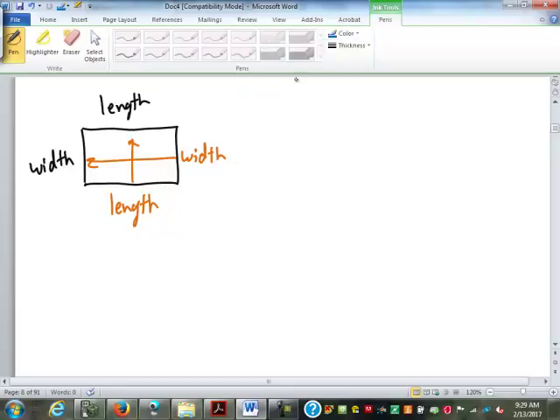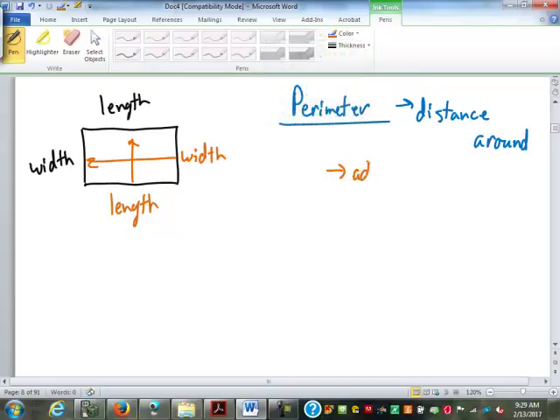One of the things we will define about a rectangle is something called the perimeter. The perimeter is the distance around, and we talked about this briefly in the last unit just as a use of a formula. So the distance around it can be found by adding up all the sides.